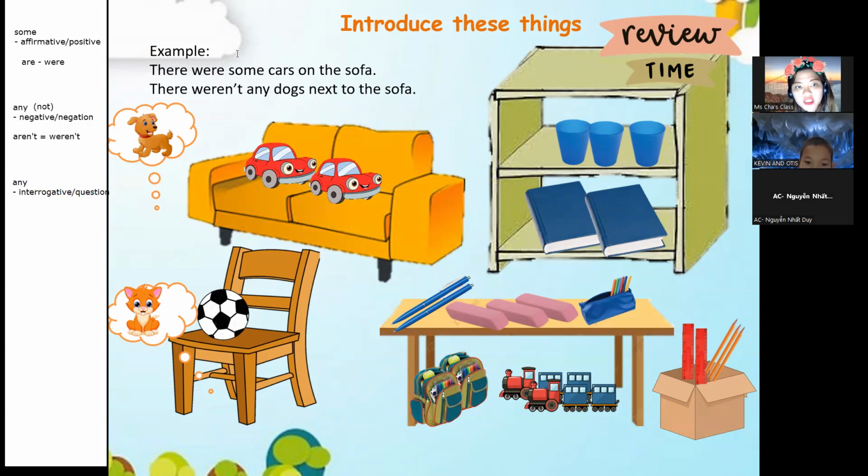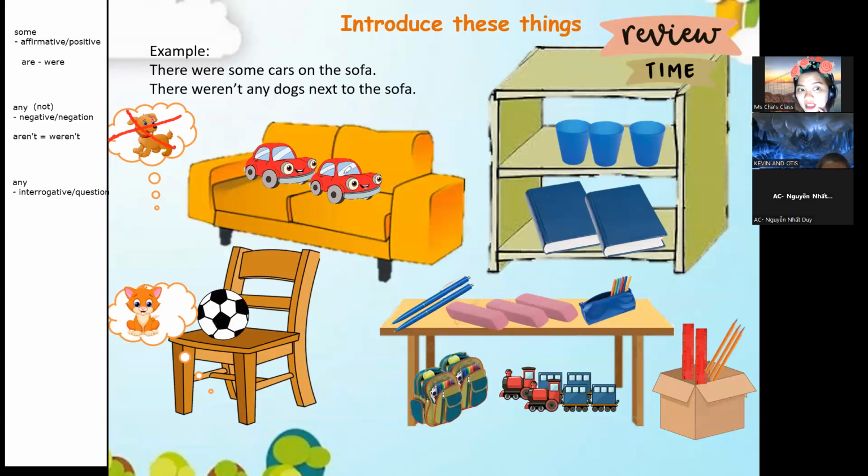So with this one, how can you make a sentence for the following? All right, kindly read. There were some cars on the sofa.